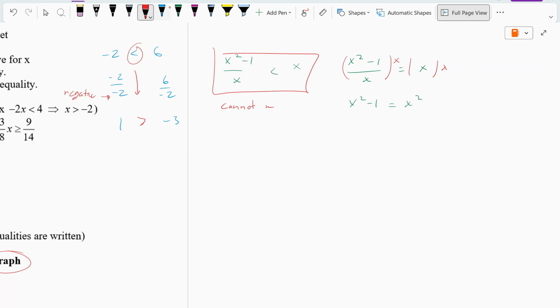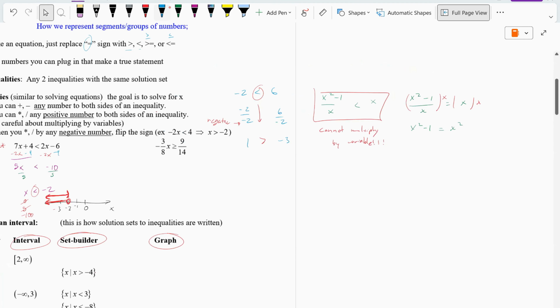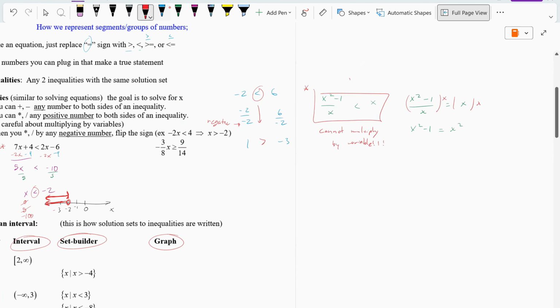You cannot multiply by a variable, because a variable represents positive and negative numbers, so do I flip the inequality or not? It's indeterminate, right? So it's nonsense. Okay, so be careful about this. We will learn to solve these later on in the quarter.